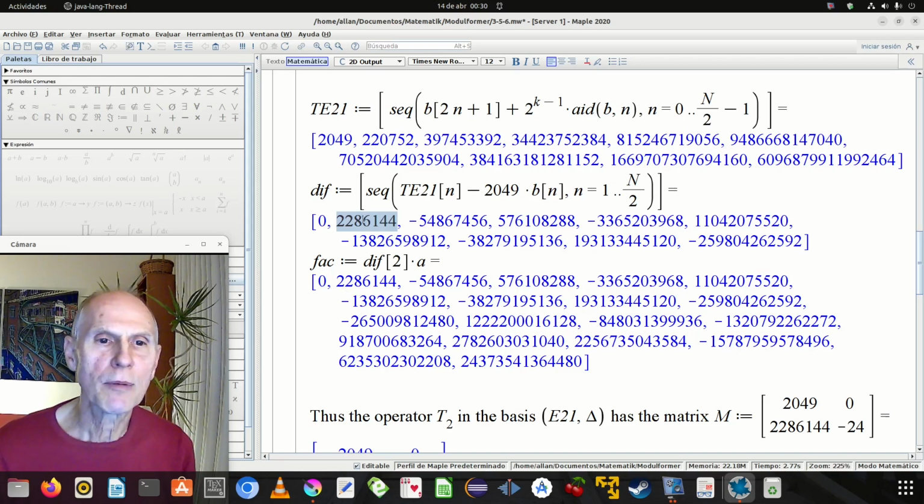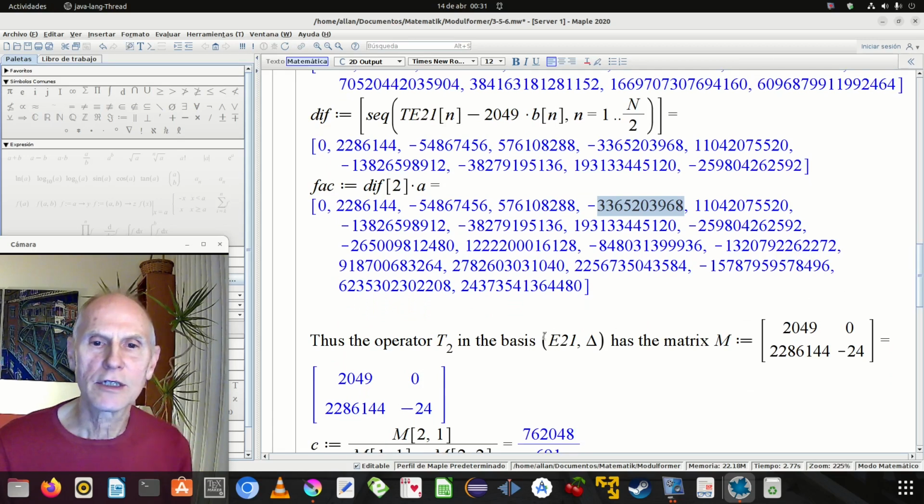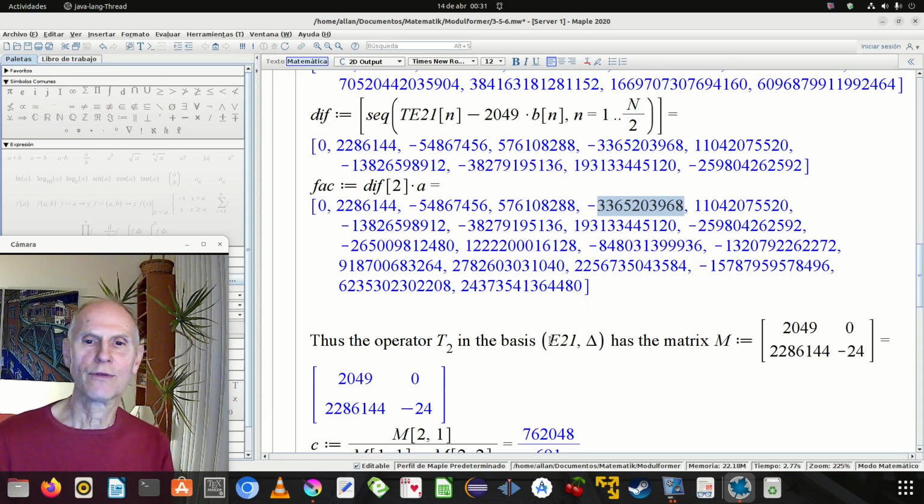So we just multiply this with the delta function and see that they actually do agree. This equals this, etc. And that means that we have the operator T2 in the basis of E21 and delta.